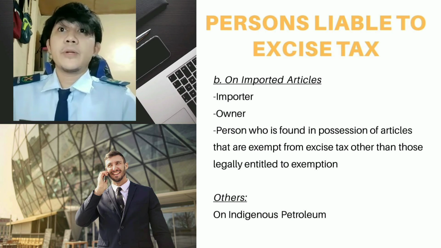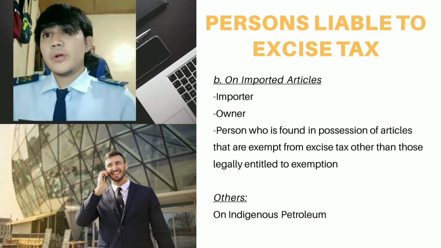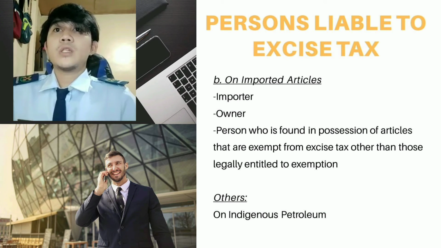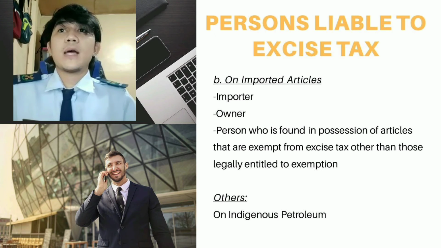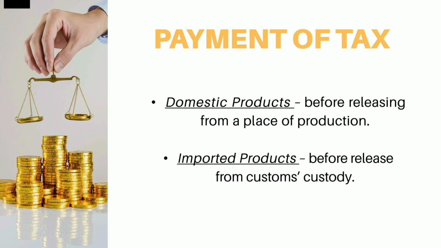And then, on imported articles, it would be the importer, owner, or person who is found in possession of articles which are exempt from the excise taxes other than those legally entitled to exemption. And then the others, it would be on indigenous petroleum. In general, the payment on domestic products would be before the release from the place of production, whereas on imported products, it would be before the release from customs custody.